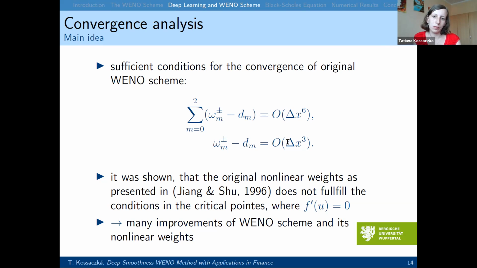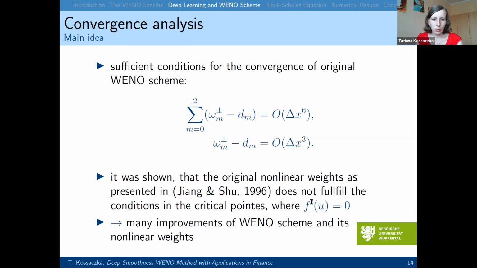I don't want to go into too much detail here, but it was shown that the original nonlinear weights, as presented in the original paper, do not fulfill these conditions at the critical points where the first derivative of the flux function f vanishes.